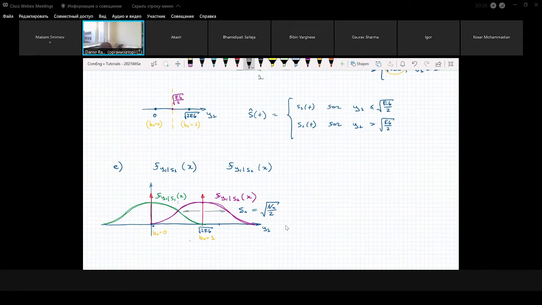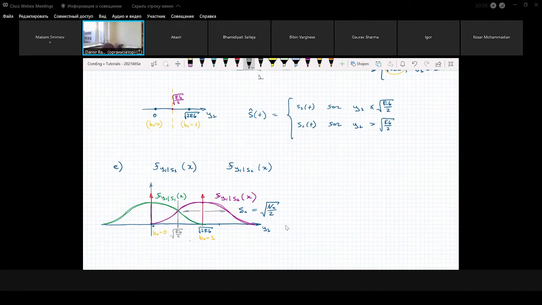Actually it should be exactly in the middle, but on this plot it's slightly shifted, but theoretically it's right in the middle between the two possible mean values. This is our middle, and the value for this point, Eb over 2 under square root, is our threshold.